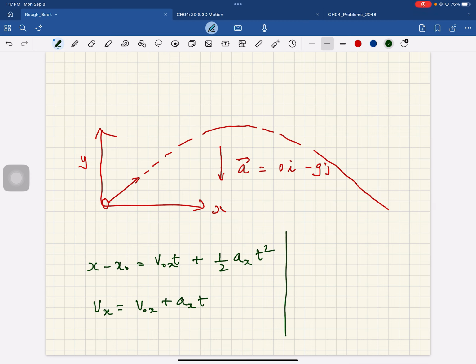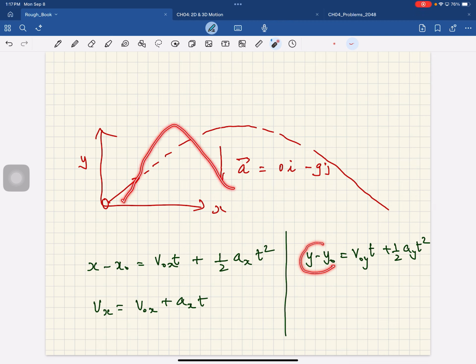So similarly, y minus y naught equal to v naught y t plus 1/2 ay t squared. Ay is not 0. Ay is minus g. So the y component is a quadratic function of time.